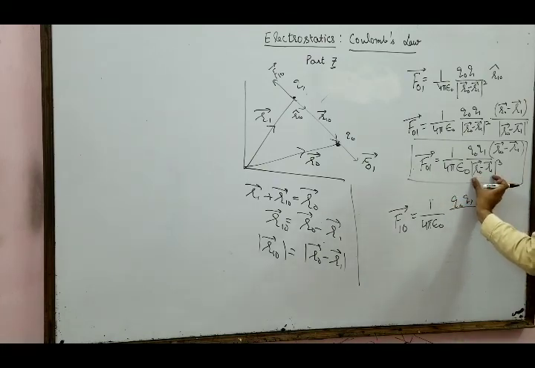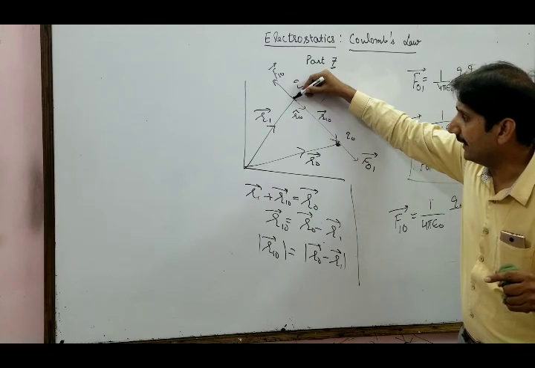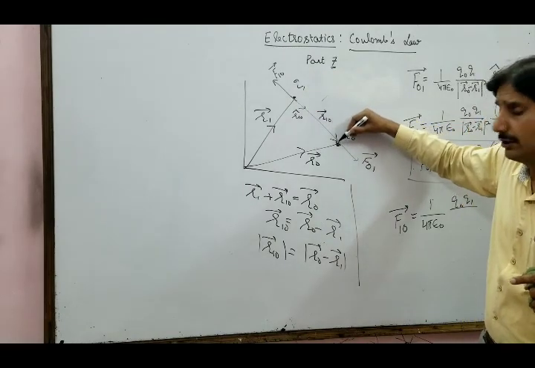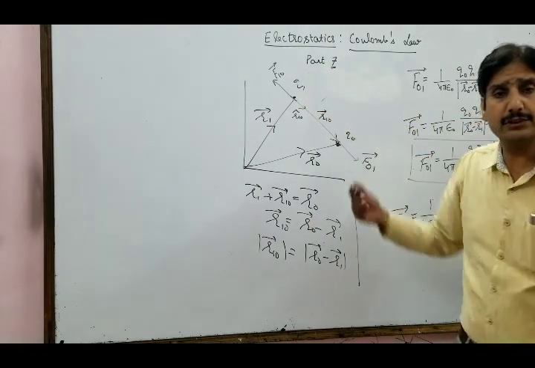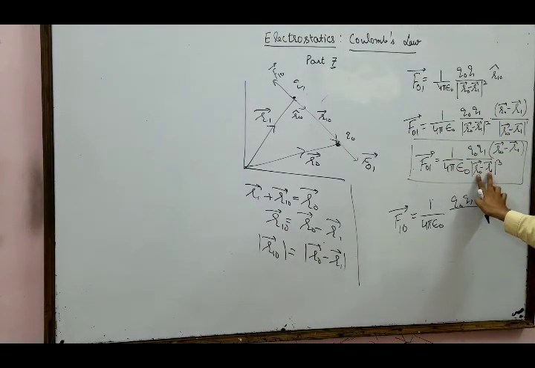Now this thing, the modulus, represents the length. Whether you calculate length from q0 to q1 or the other way around, it is going to be the same. So inside the modulus, whether you write r0 minus r1 or r1 minus r0, that would be identical.